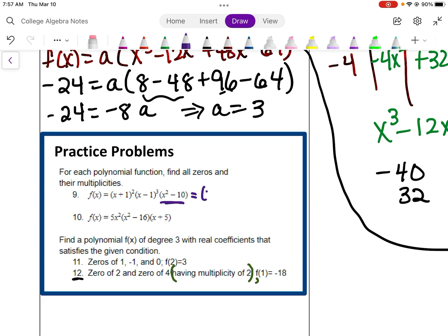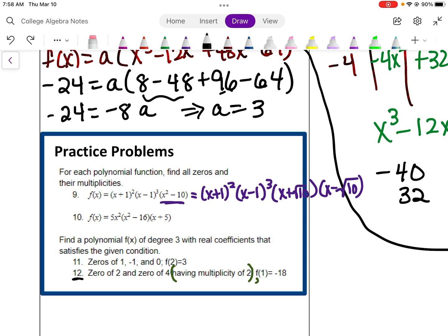So this polynomial is the same as x plus 1 squared, x minus 1 cubed, x plus the square root of 10, and x minus the square root of 10. So think of that x squared minus 10 as difference of two squares, and the square root of 10 is what's showing up, because if I multiply these together, I'll get 10 back. So hopefully that makes sense.